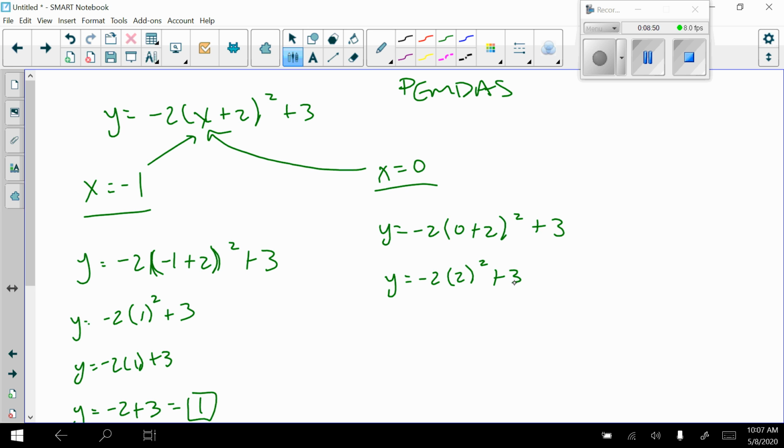Then I move to exponents. 2 squared, that's 2 times 2, which is 4. So I have -2 times 4 plus 3. And now I can just multiply and add. So -2 times 4, that's -8 plus 3. -8 plus 3 is -5. Okay? So when I plug in 0, I get -5 for my y value.